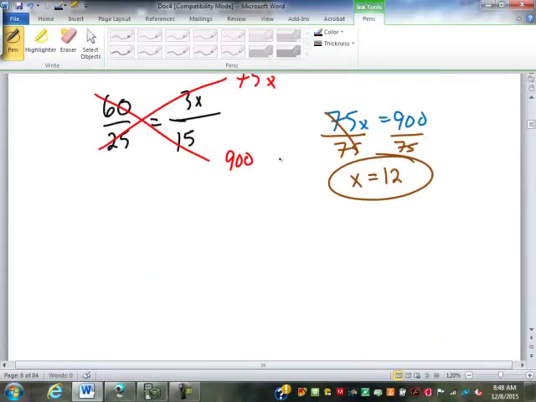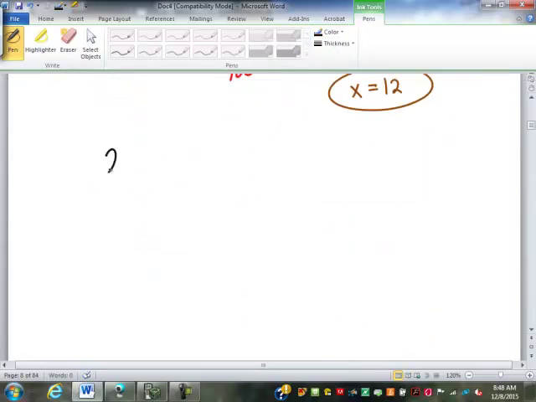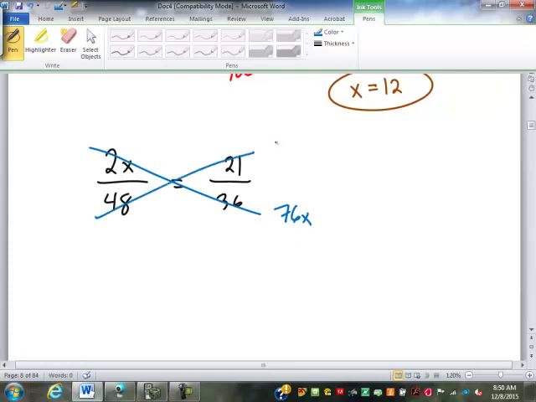Or we might run into something like this. In your notes, quick, find what x is for me. We have 2x times 36 makes what? 72x. 48 times 21? 1008.